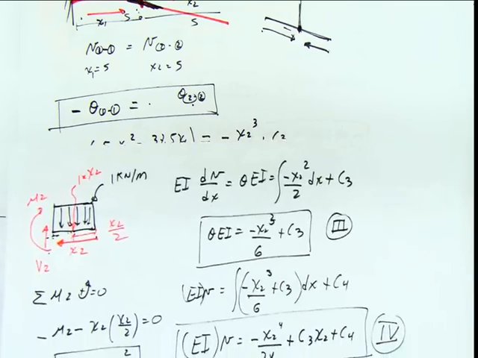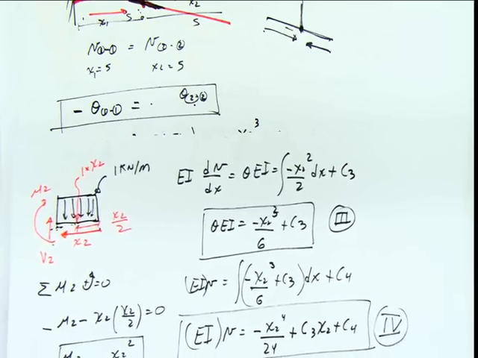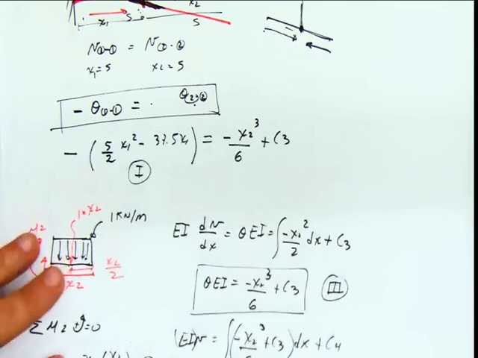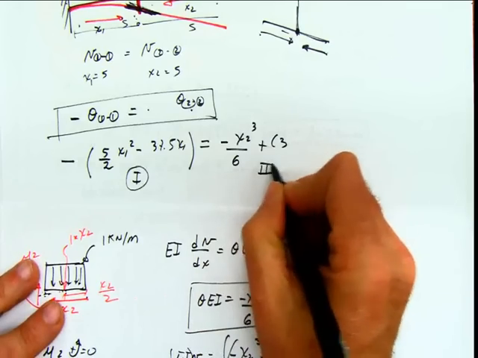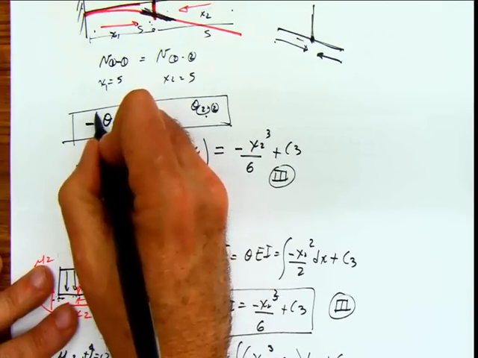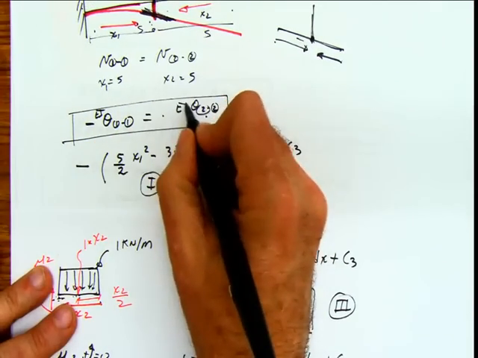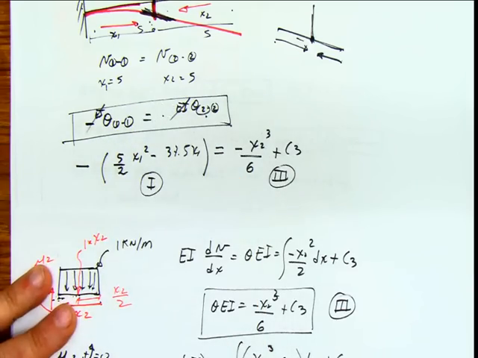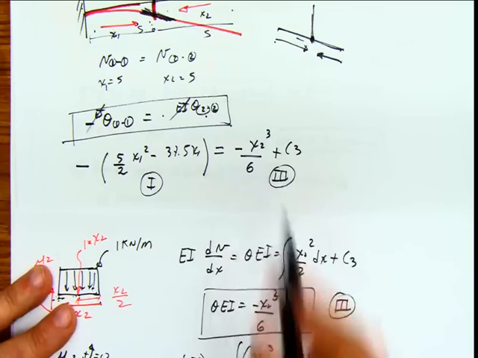There you go, that's what we're going to have here. Now this is equation 3. Remember that what we calculated was EI times this and EI times this, but this and this cancel out. So that's why I'm just comparing these two slopes.